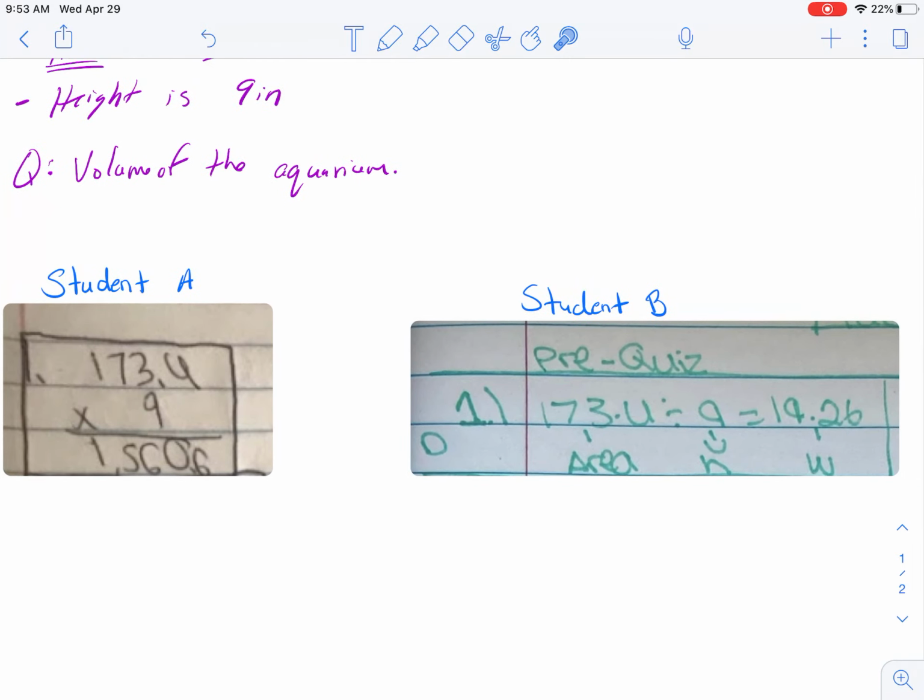So right off the bat, let's take a minute, and I want you to look at the difference between the work in student A, which is on the left side, and student B. What is different and what is the same?